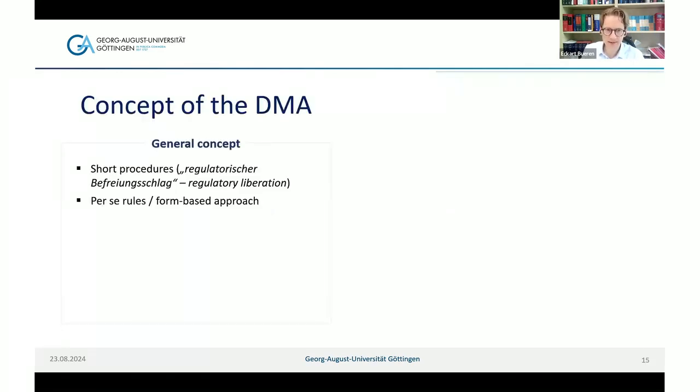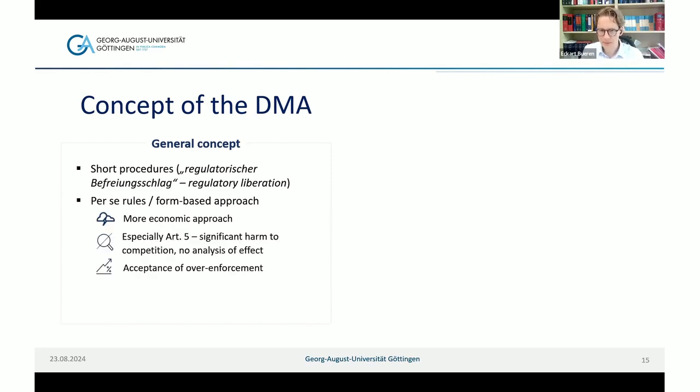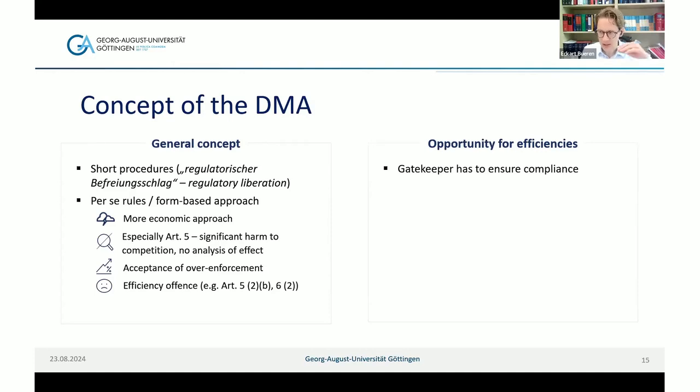So the general concept, as I said, is to have short procedures, per se rules, form-based approach, and this is actually the summary of what I've said so far, which is no effects analysis, especially for Article 5, which says these are provisions that you have to comply with in any aspect, and you don't have to adapt them to individual cases. So we basically are prepared to accept more over-enforcement, and we don't have a general, and we have sometimes even efficiency offenses. And nevertheless, we have certain opportunities for efficiencies to come into play, and I will go into these in more detail in the following.